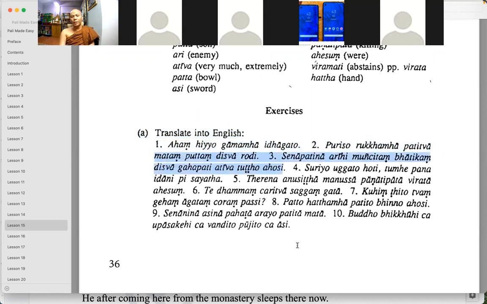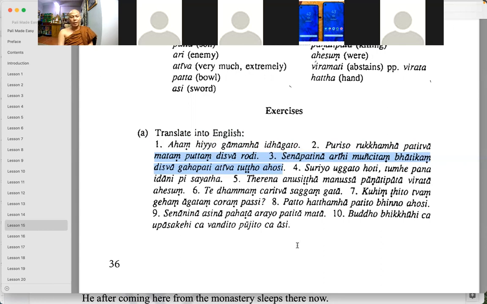Sena Batina Arihi Monchitan Badikan Desawa. Gahabadi Adiwa Dotor Ahosi. Here, Sena Batina.